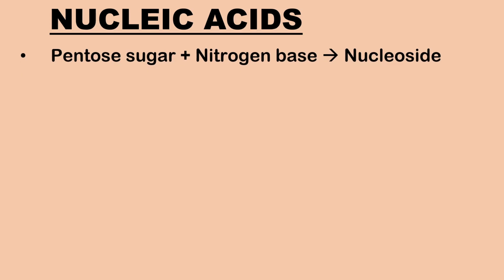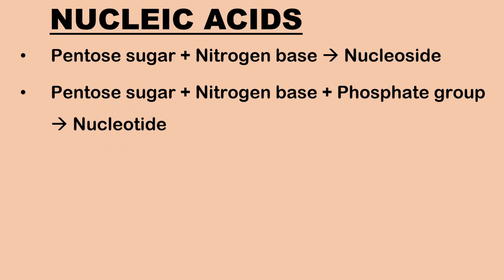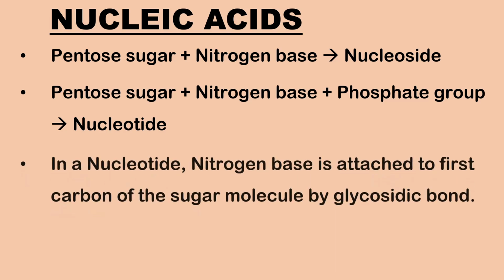A combination of pentose sugar and a purine or pyrimidine base is known as a nucleoside. A combination of a nucleoside and phosphate group is known as a nucleotide. So, a nucleotide consists of a pentose sugar, nitrogen base, and a phosphate group.